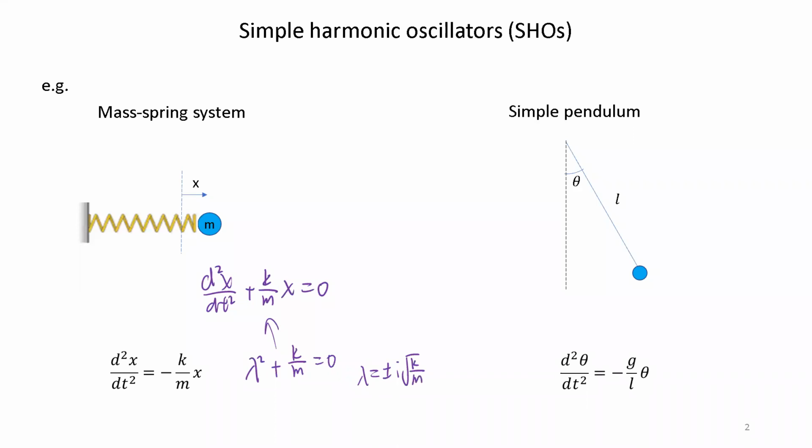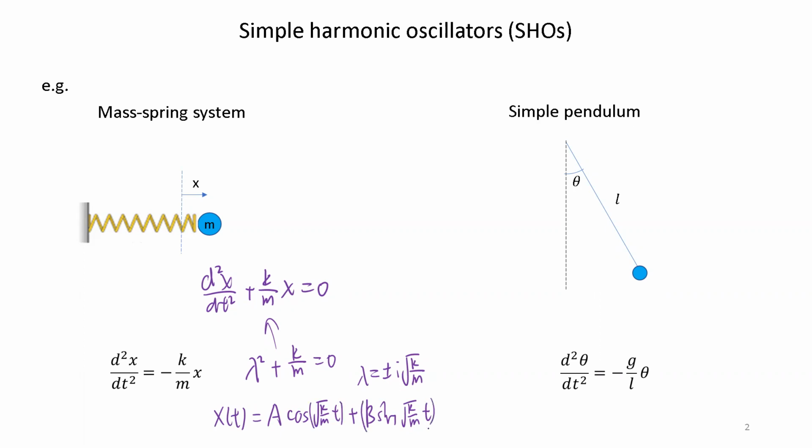And that's why the general solution, x as a function of time, is given by a, which is a constant, cosine of square root of k divided by m t, plus b sine of square root of k divided by m t. So that's the general solution.